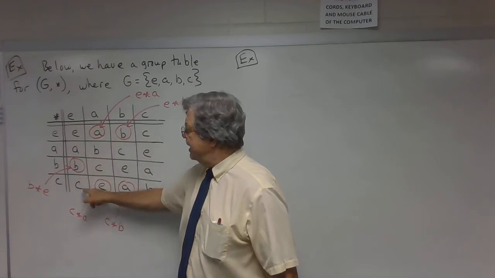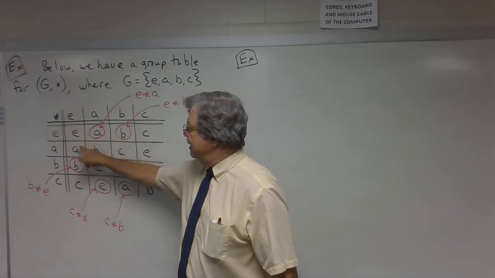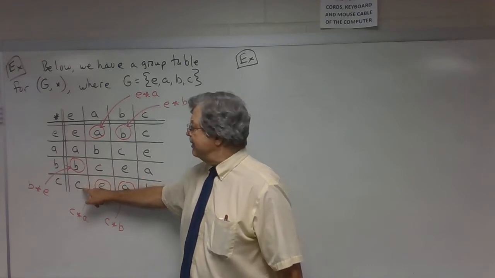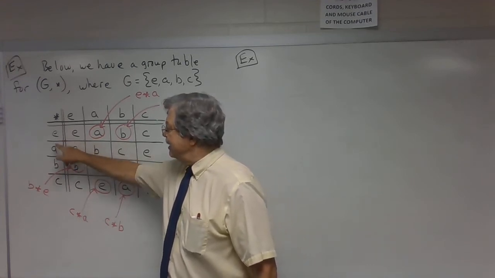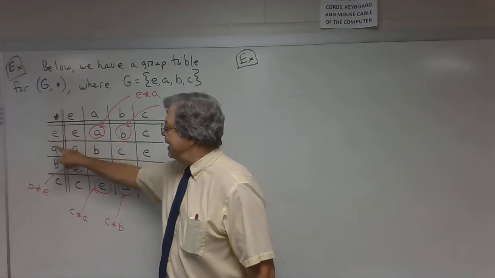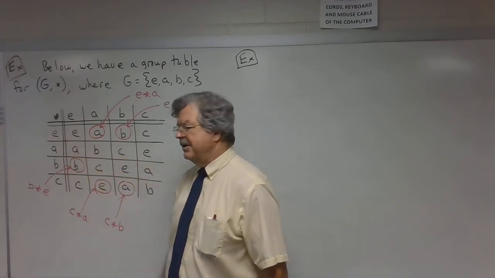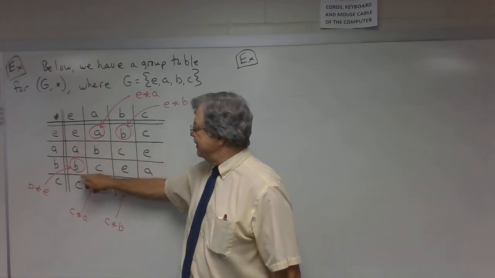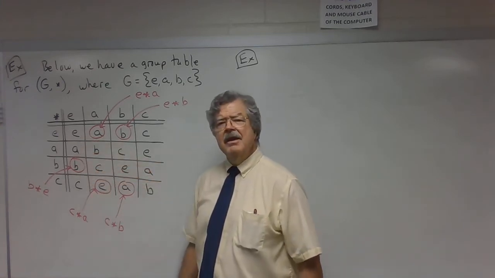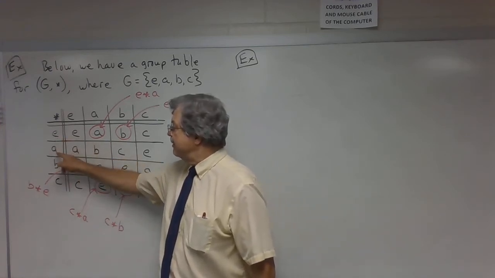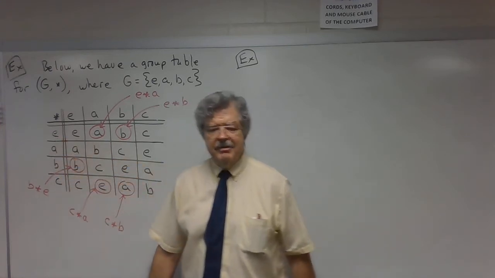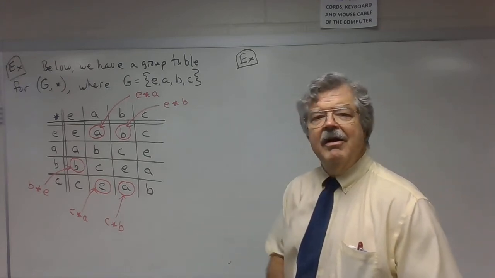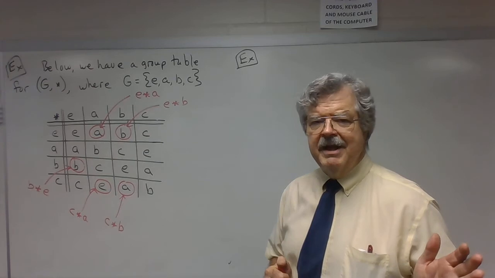In the first column, the elements are exactly the same as the column of row headers that appear to the left. Each element in column 1 is the same as the row header that appears to the left. And this is just a reflection of the property that the group identity has.